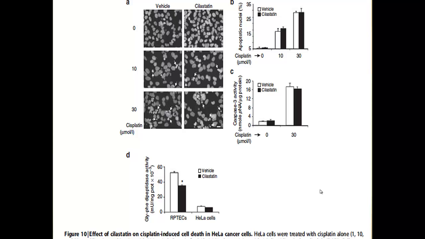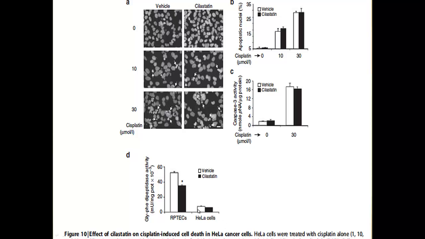Now this study also looked at the effect of cilastatin when it was combined with cisplatin, to see whether it reduces the anti-neoplastic effects of cisplatin or not. And as you can see here, the anti-neoplastic effects were not decreased.